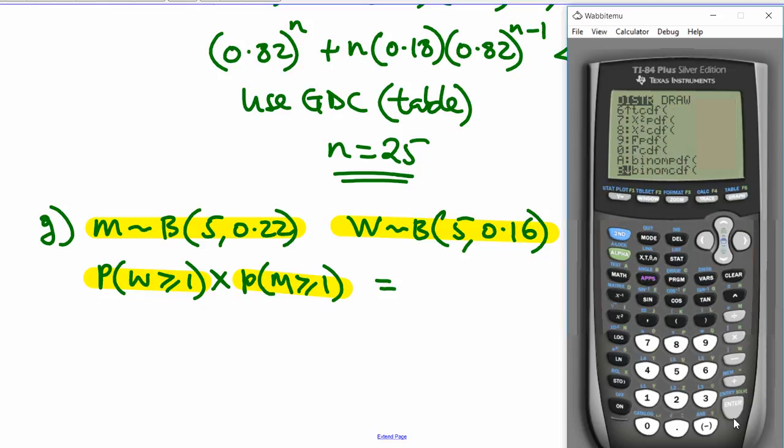These are cumulative probabilities. So number of trials 5 for men, 0.22.